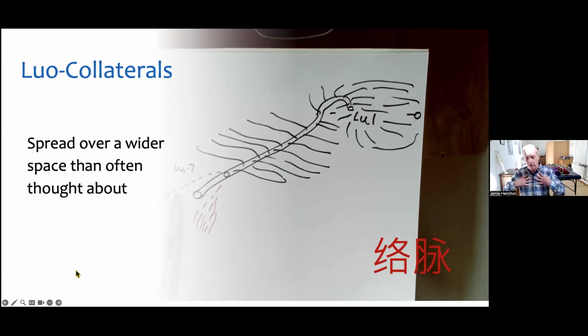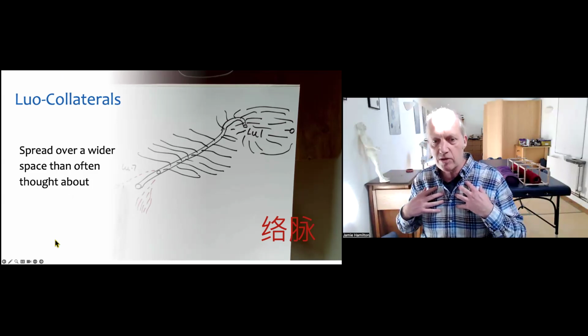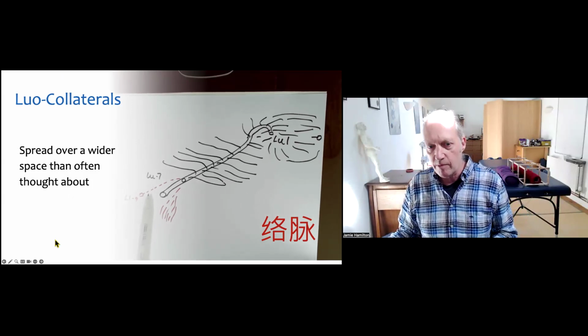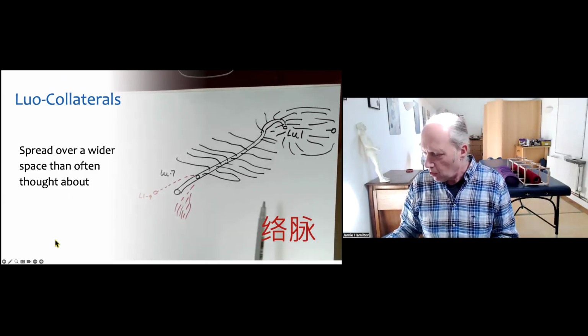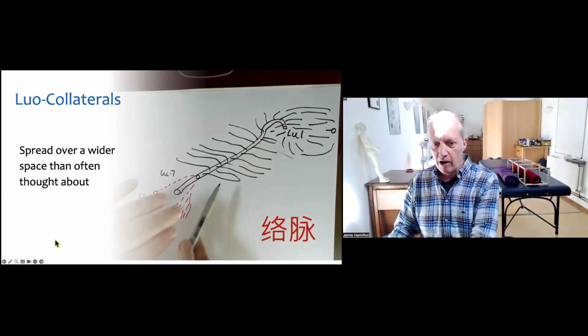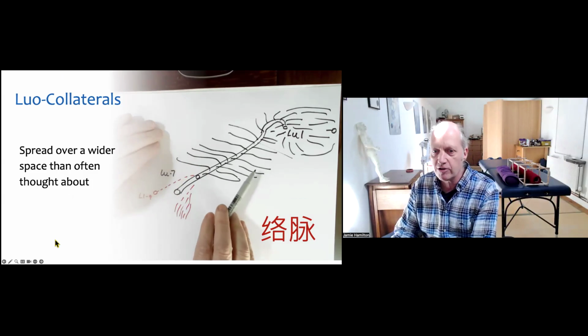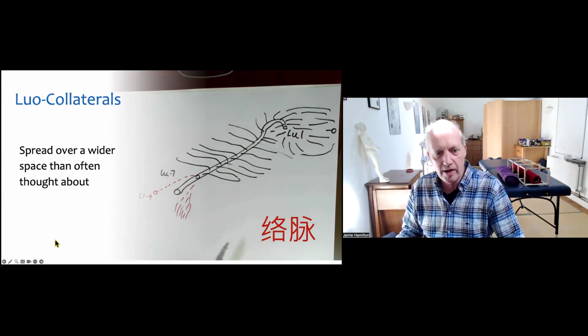And I think this was very important during COVID, when people had long COVID symptoms, to realize that it might be the Luo collaterals that could be involved. All the same, realizing that there's this kind of mesh going horizontally out of the channel is the best way of understanding the Luo mai.